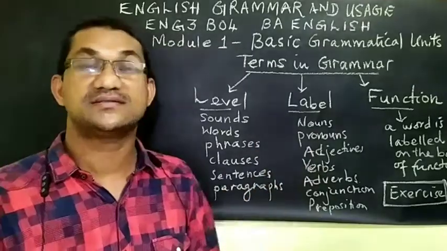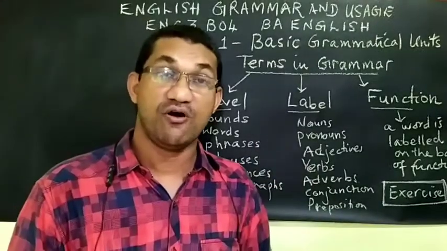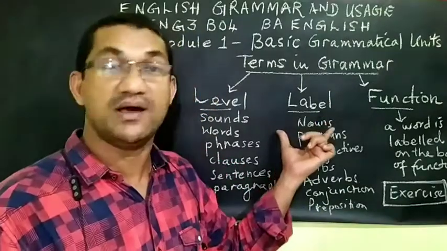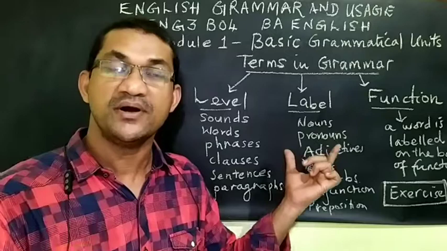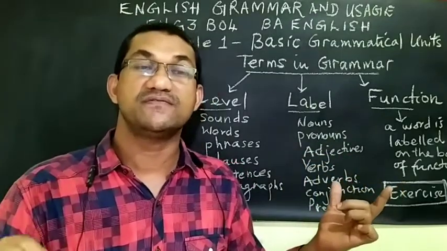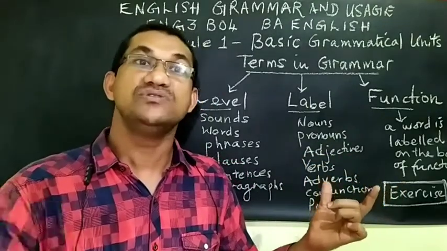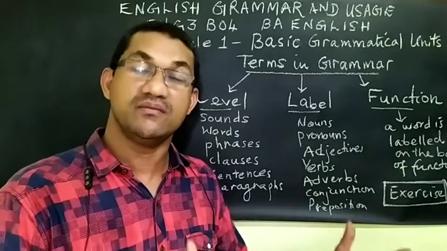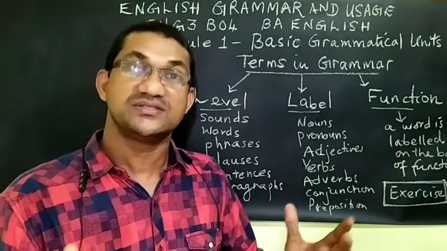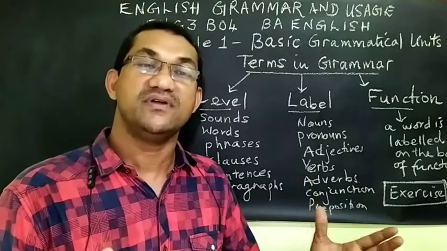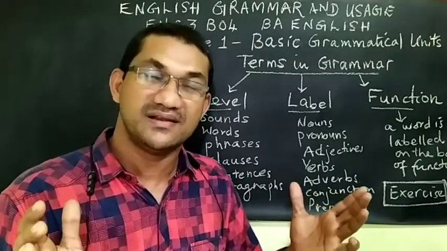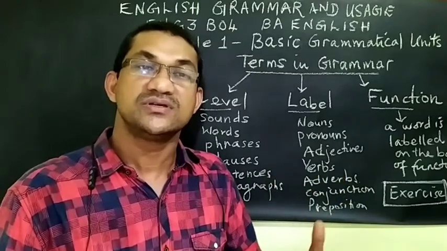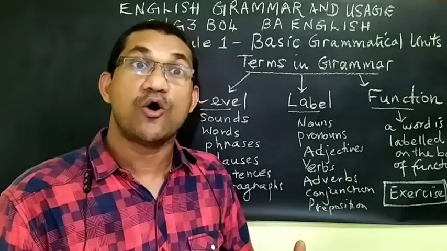Now we are looking at the second category of terms in grammar, and that is label. Every language is made of many elements, and all these elements can be given a label, a name, a title. We can call every element or item in the language with a label or a term.